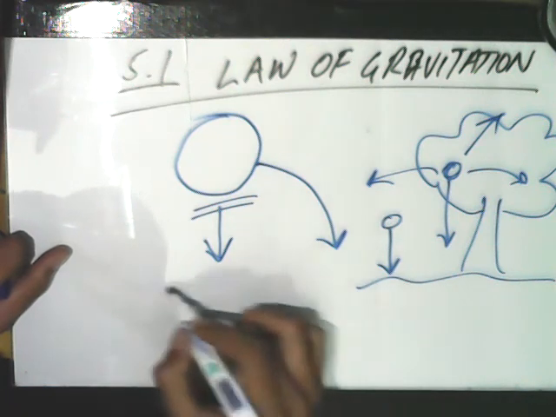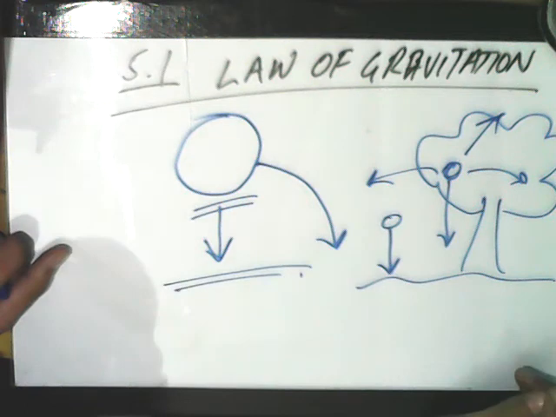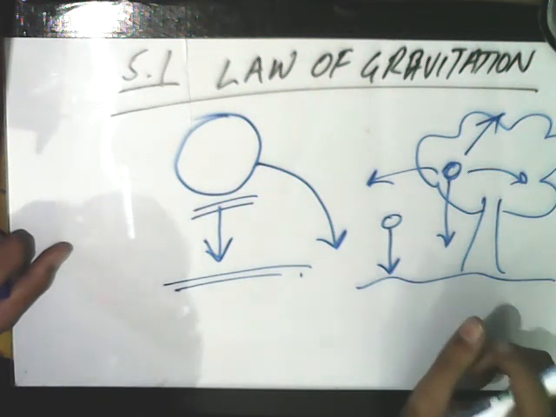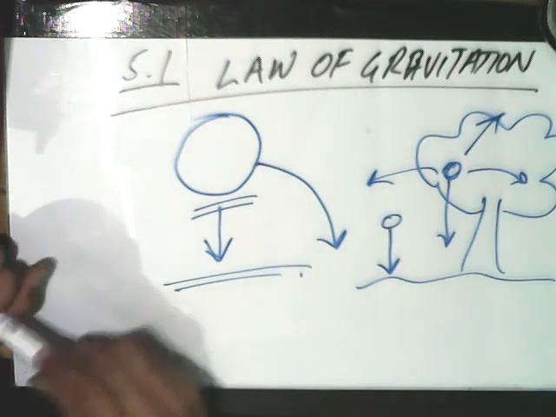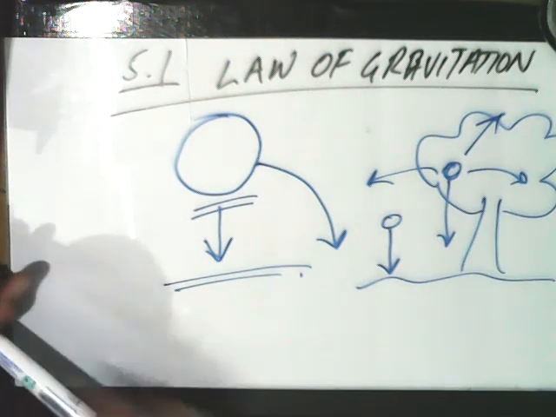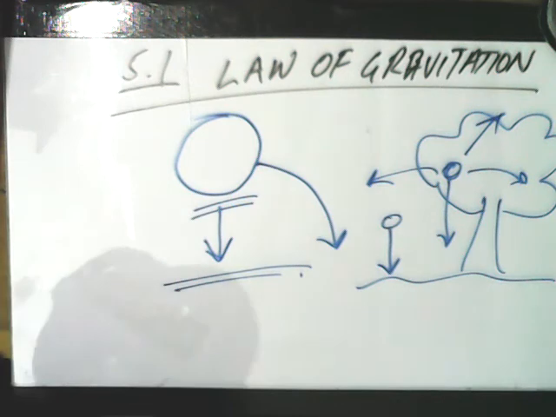And then he considered the fact that yes, there is some force in nature which is pulling everything towards Earth. And if this is happening with Earth, then why wouldn't it be happening with any other planet like the Sun or the Moon itself or other planets? You do know that Jupiter has many moons, four of which are very big.